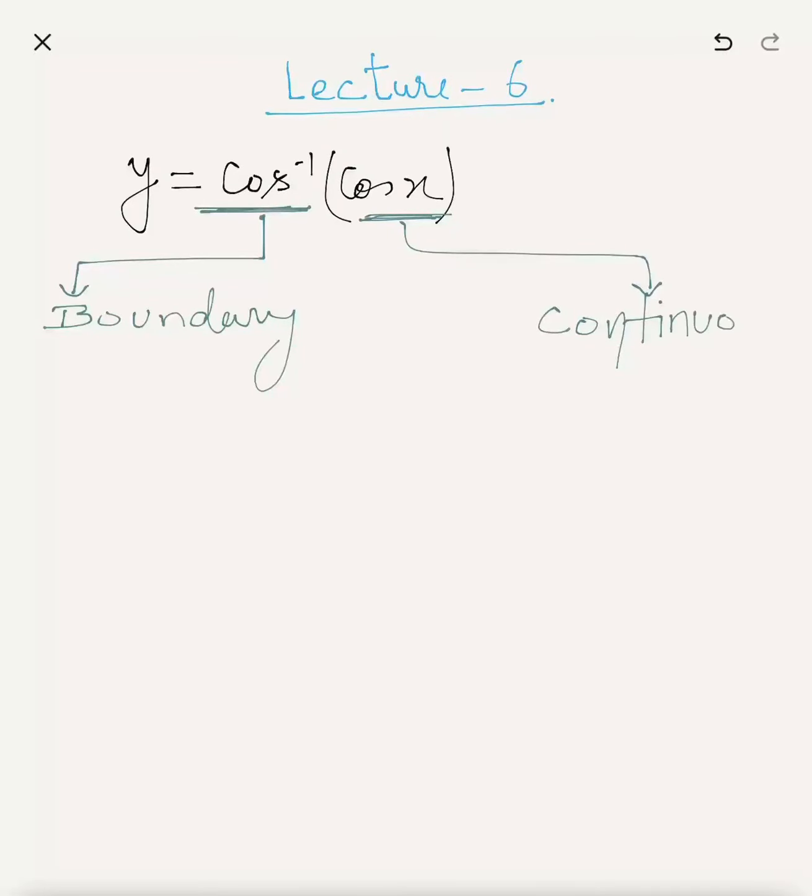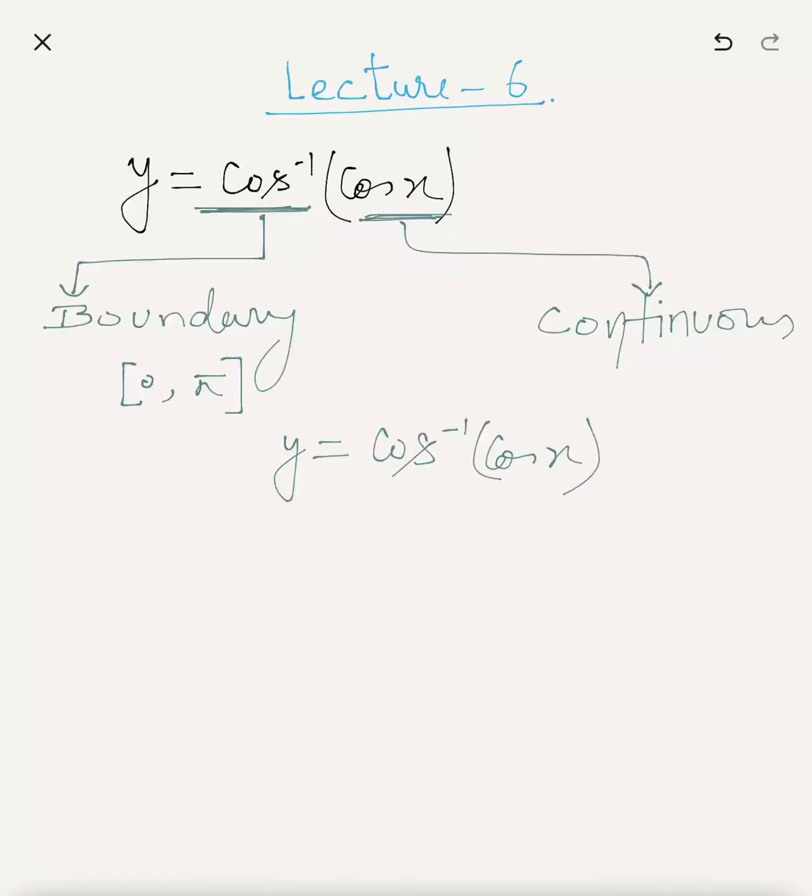So what is the boundary in case of cos inverse x? Your principal branch, it is from 0 to pi, isn't it? 0 to pi, and both are under close bracket. Continuous. Okay, let us solve now. y equals to cos inverse of cos x.